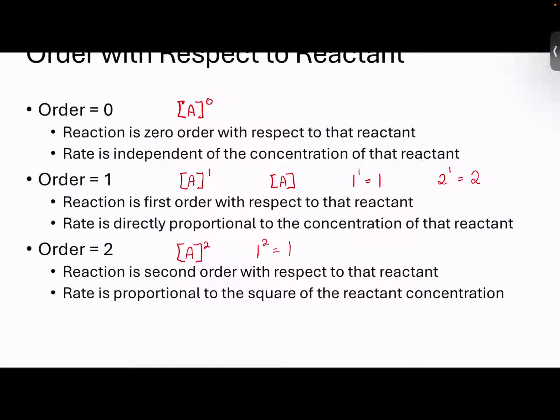But if my concentration is 2 squared, now it is 4. Meaning that if I double the concentration, I quadruple the rate of the reaction. So the rate is proportional to the square of the reactant concentration.